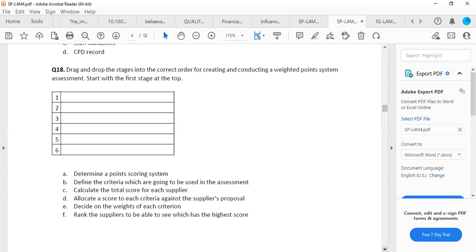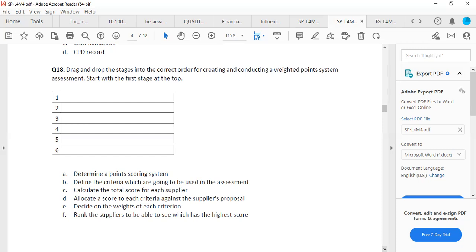What is the first stage? What was the first thing to do? No, B, define the criteria which are going to be used in assessment. Okay, you first define the criteria.